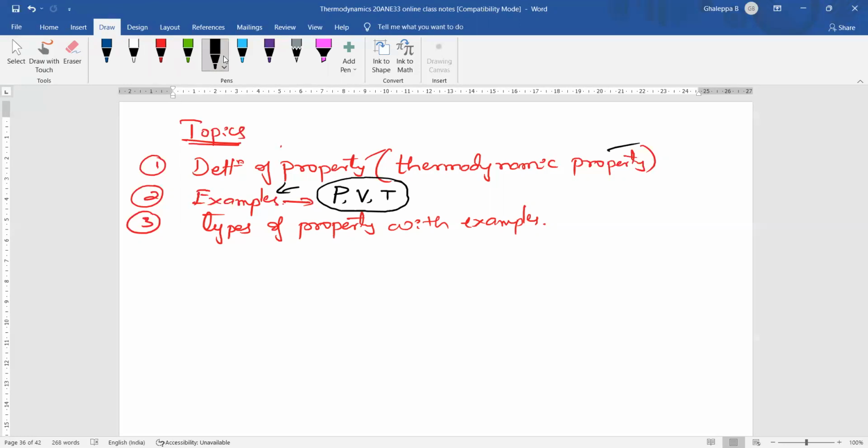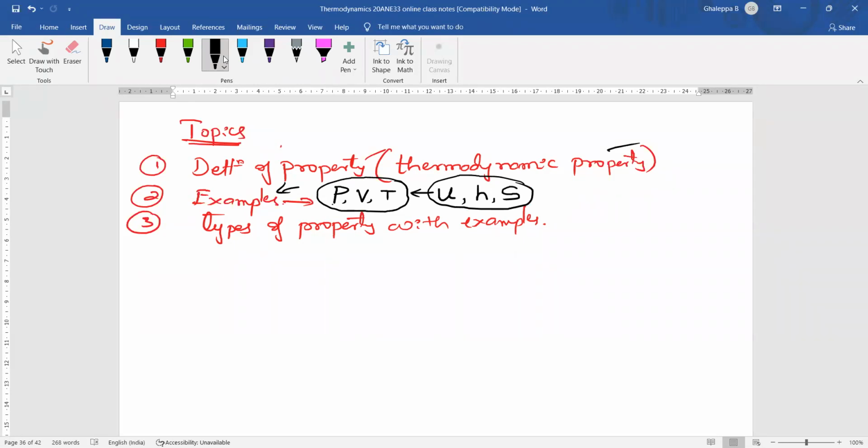Using these three properties, some other properties are generated, that is internal energy U. You have to keep in mind internal energy U, enthalpy H, and entropy S. These are derived properties, derived from fundamental properties: pressure, volume, temperature. There are some other properties also in thermodynamics, but these are the standard 6 properties, you remember.